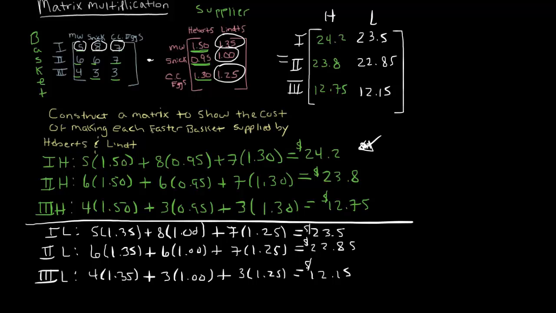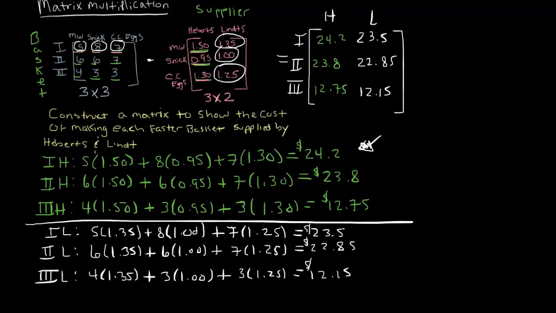So what do I mean by that? Well, let's describe the dimensions of the left-hand matrix. This has 3 rows and 3 columns, so it's a 3 by 3. And the right-hand matrix has 3 rows and 2 columns, so it's a 3 by 2. What allowed this multiplication to happen, as we did it below, was that we were moving across the rows on the left as we were moving down the columns on the right.